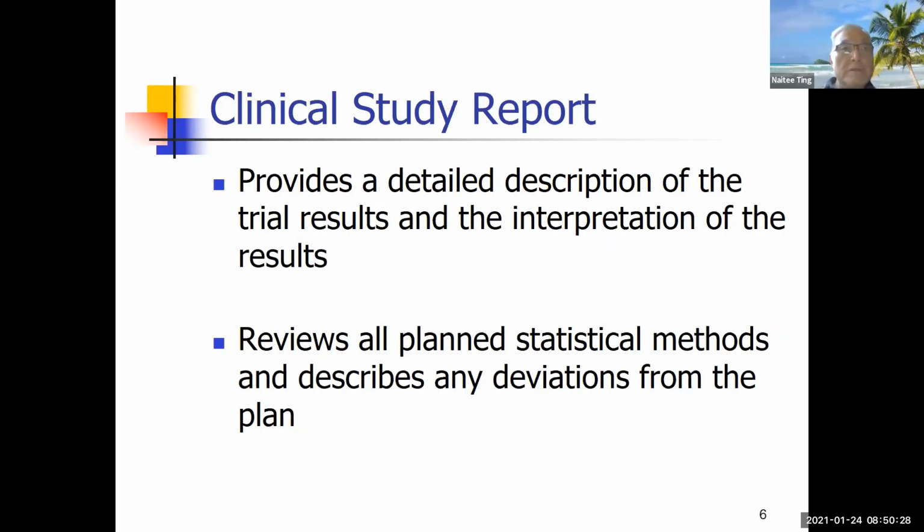there are a lot of things we should be thinking about when we write a study report. And when I teach, I tell my students, practice writing is so important, because one of the most important parts of our work as a clinical statistician is communication.